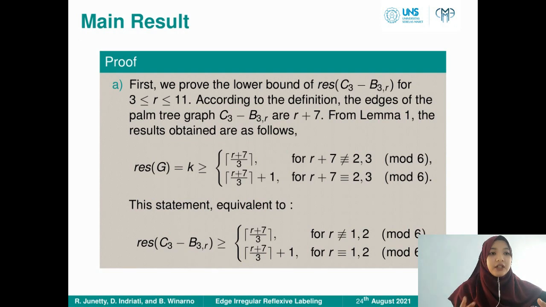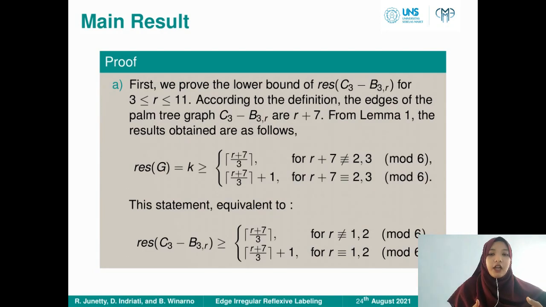From lemma 1, the results obtained are as follows. The formula rest G equal k greater than ceiling of r plus 7 per 3 for r plus 7 not equivalent to 2 and 3 in modulo 6, and then ceiling of r plus 7 per 3 plus 1 for r plus 7 equivalent to 2 and 3 in modulo 6.